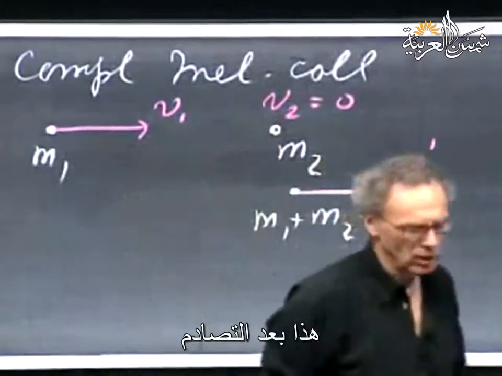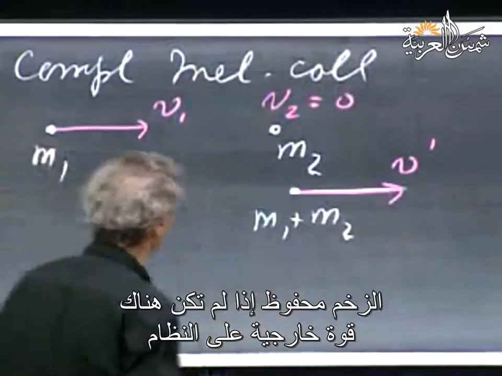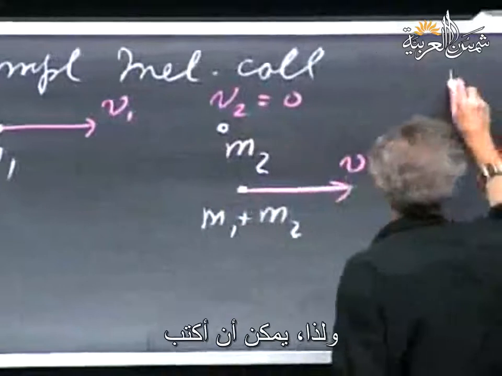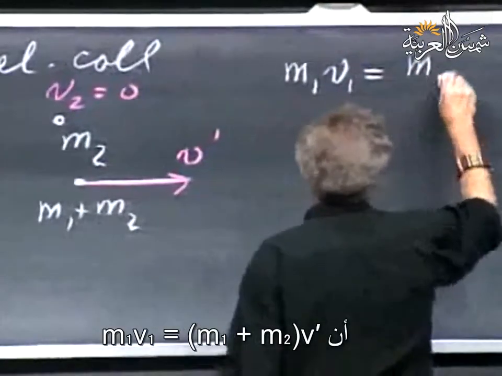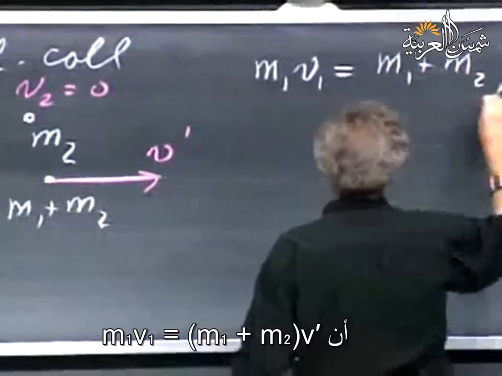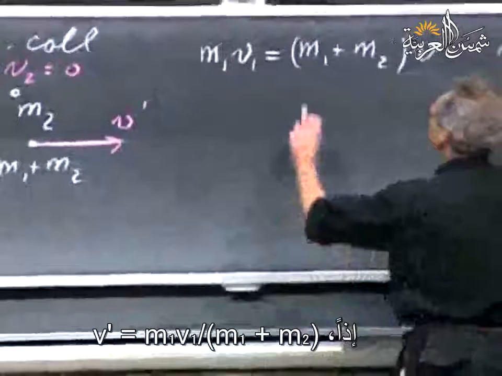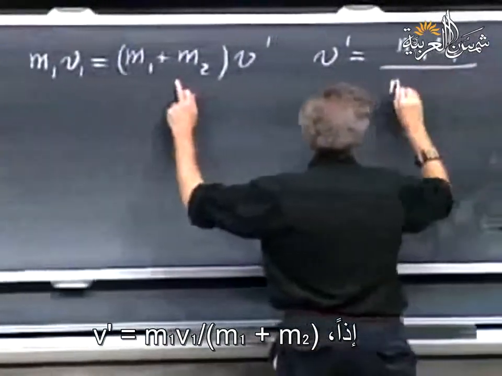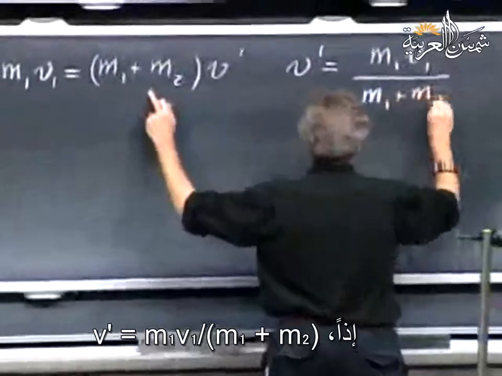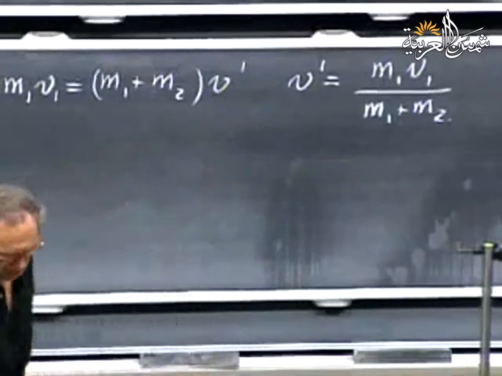That's after the collision. Momentum is conserved if there is no net external force on the system, and so I can write down that M1 V1 must be (M1 plus M2) times V prime, and so V prime equals M1 V1 divided by (M1 plus M2). That's a very simple calculation.